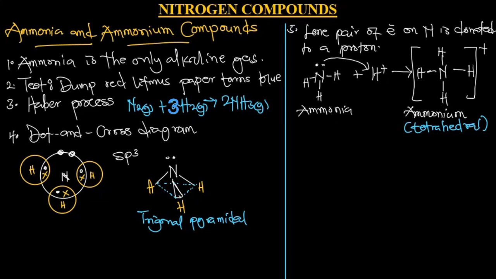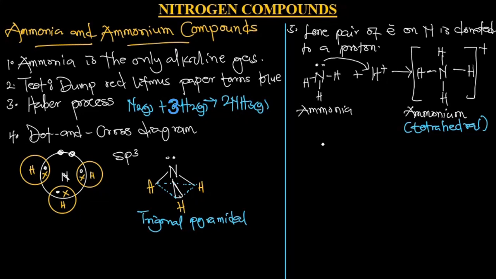So because of this, when we put an ammonium ion in water, it dissociates to give an H plus. In a case where we have ammonia itself in water, there is an equilibrium that is established.